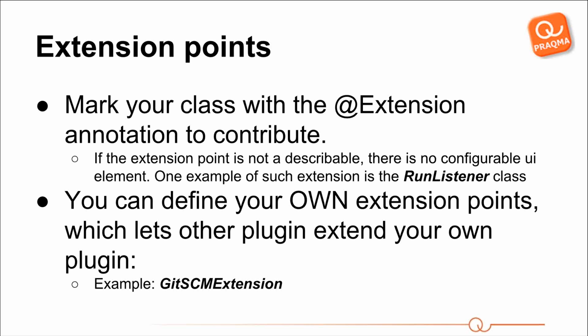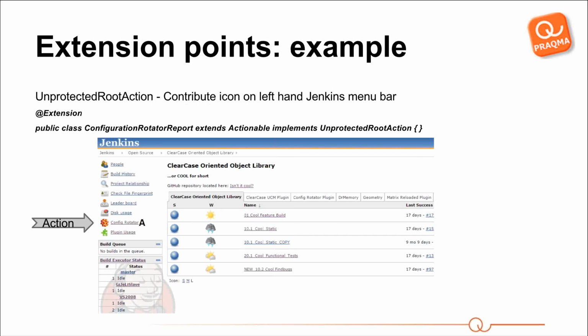So yeah, you can use that as an inspiration. I won't go into this today in the demo, but it's possible. This is a weird example actually. We have a plugin called Config Rotator, which, when you're in the Jenkins main menu, has an icon, which is an unprotected root action.